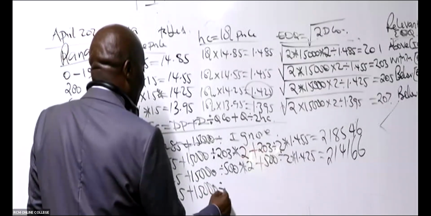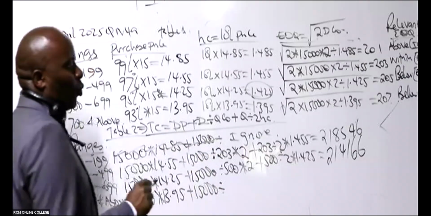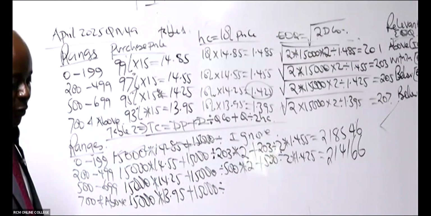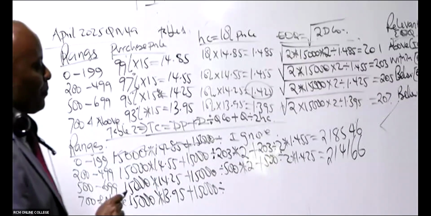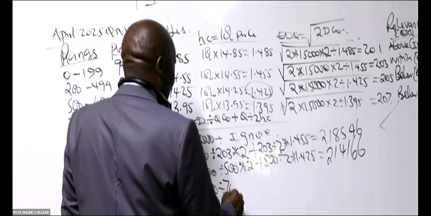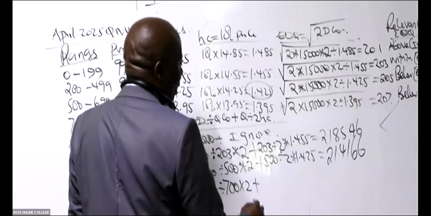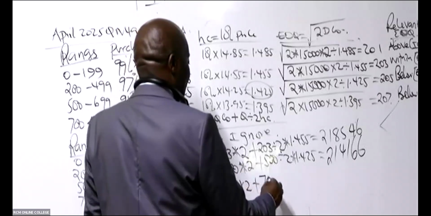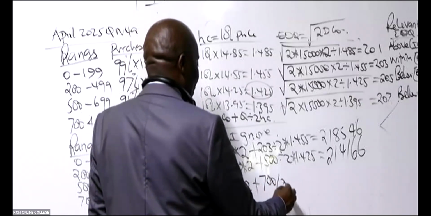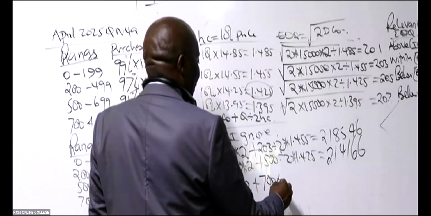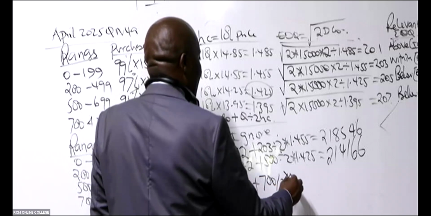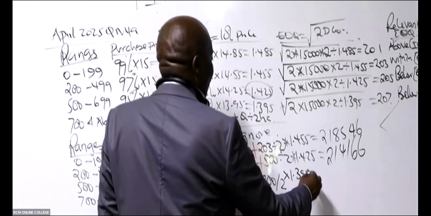We divide this by EOQ for the fourth one. What is the EOQ for the fourth one? 700. 700 times the cost per order, which is 2, plus, in this case here, quantity over 2. So 700 divided by 2, times, in this case here, 1.395.